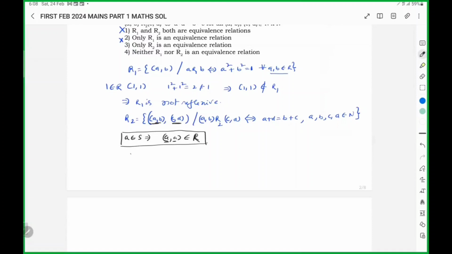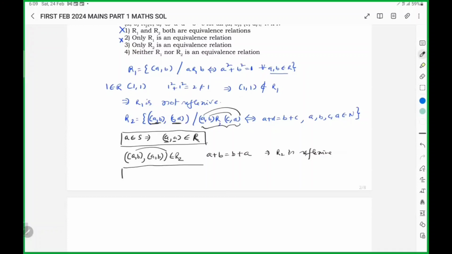To check whether ((A, B), (A, B)) is there in R2, we say two elements are in the relation when the sum of extremes is equal to the sum of means. The sum of extremes is A plus B, the sum of means is B plus A, both are the same. So it is obvious, so R2 is reflexive.